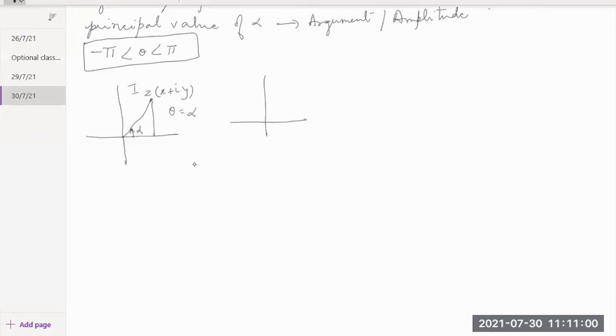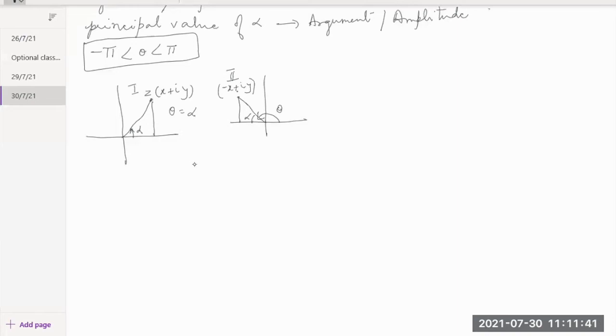Now this time my complex number is lying in the second quadrant. The representation of the complex number lying in the second would be minus x plus iy. You can see x is negative, y is positive. So if this is the complex number and I join it to this, then see, this is my alpha, but this is my theta, because it is the angle between the line and the x-axis in the positive direction, as in trigonometry.